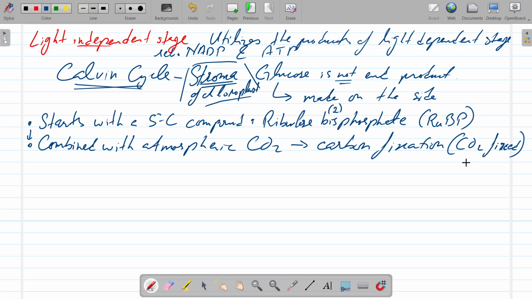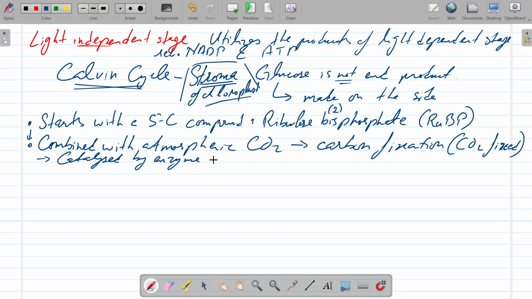This is catalyzed by the enzyme ribulose bisphosphate carboxylase or oxygenase.